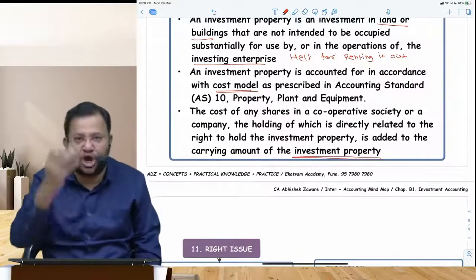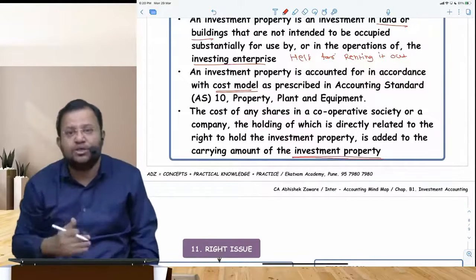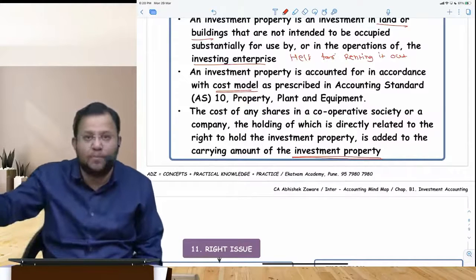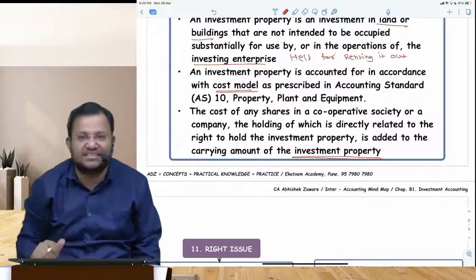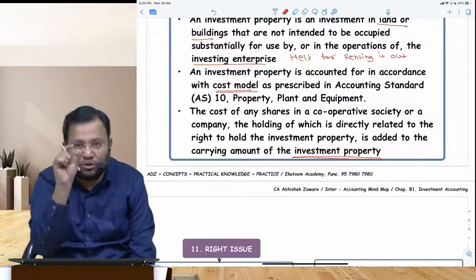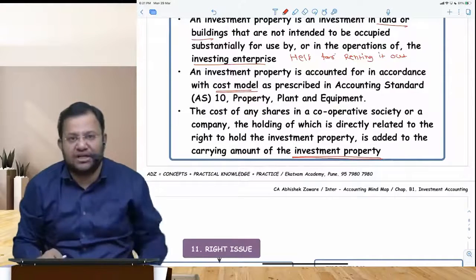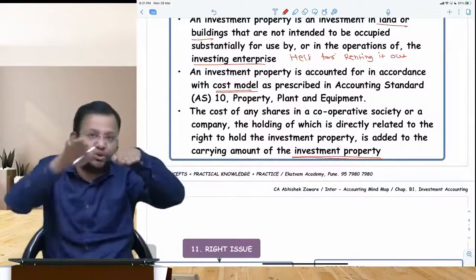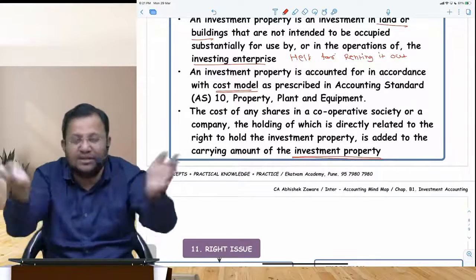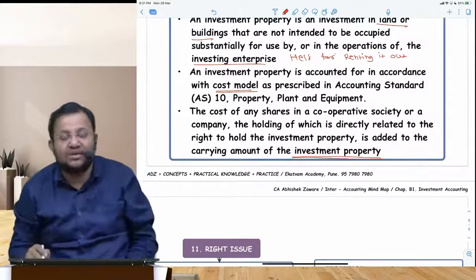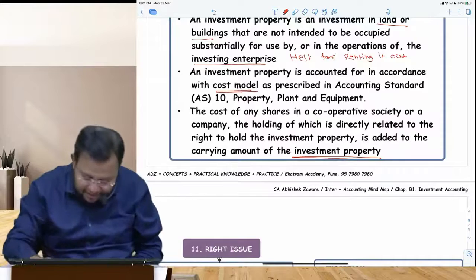Whenever you purchase a shop or a flat or a building, you also have to purchase shares of the cooperative society in which that flat is situated. So you pay for a flat plus you pay for shares, a nominal amount. That nominal amount should also be added to arrive at the cost of investment property.